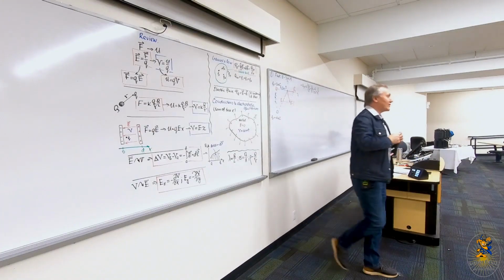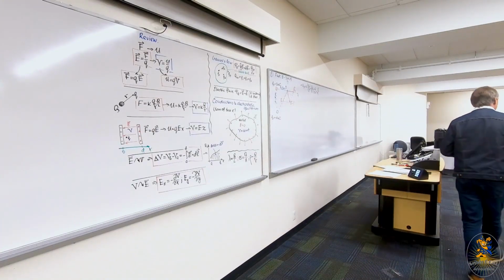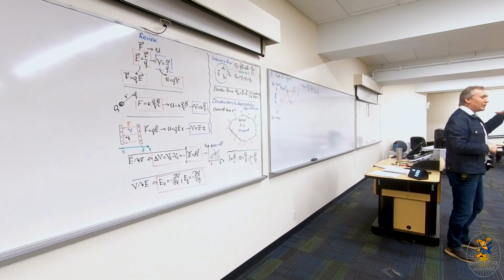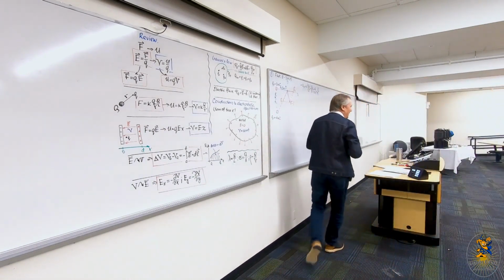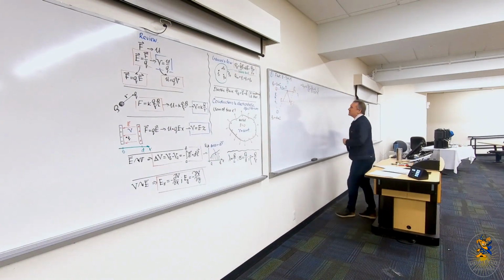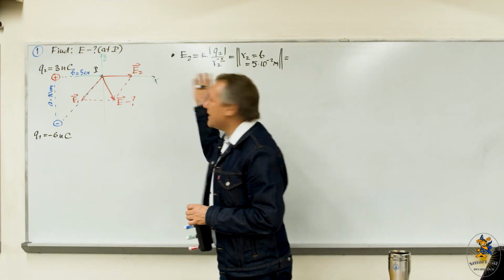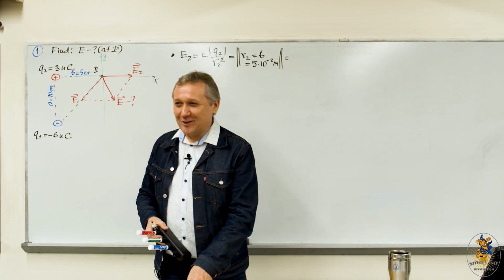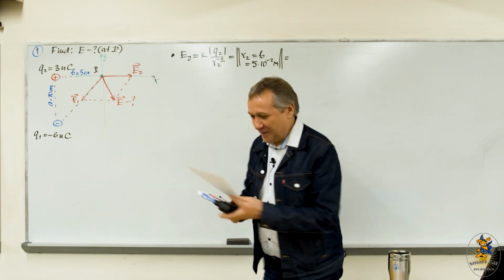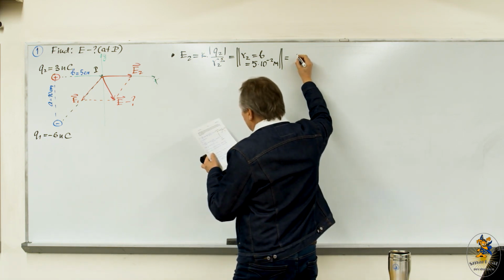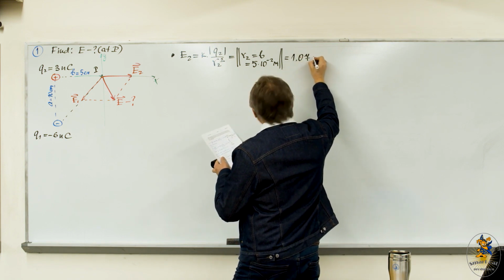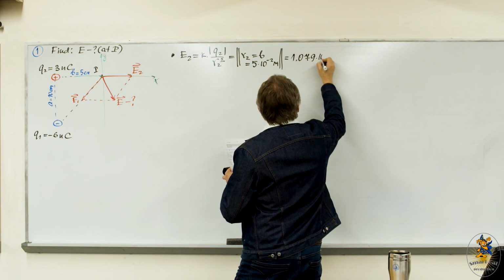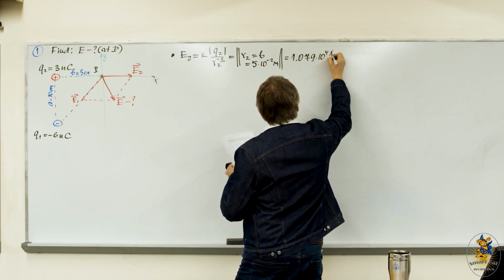Usually experienced professors say something like, I did it on purpose to see if you're following me. Yeah, but since lately we've been using electric potential, it's a force of habit. So, 1.07. Okay, I use more sig figs because it's not the final result.